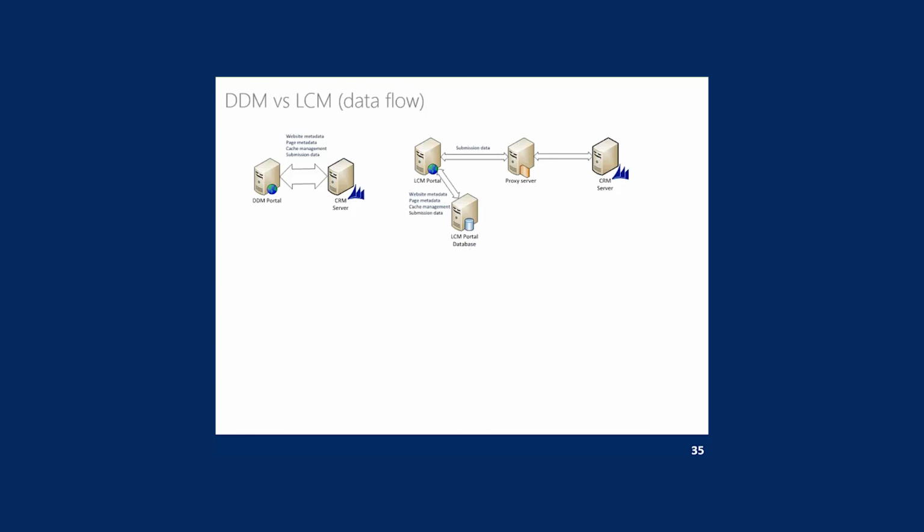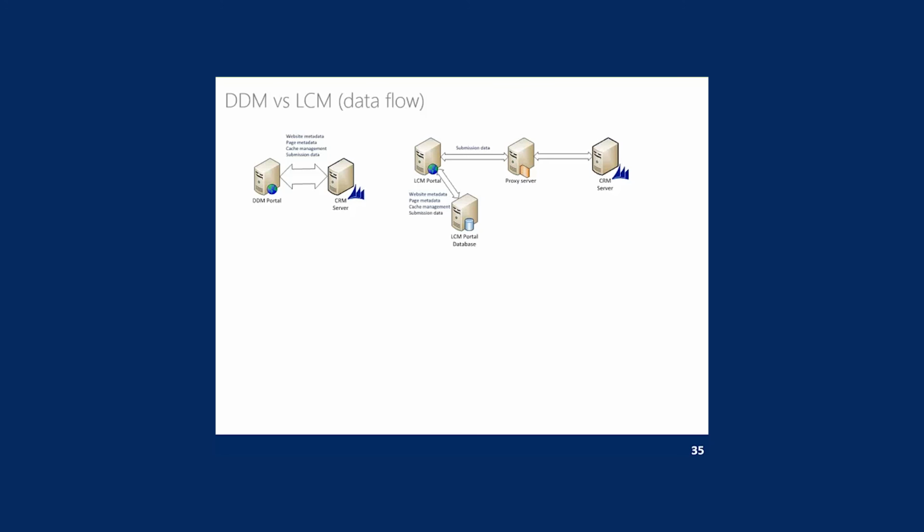In a loosely coupled model, there is a differentiation in how the data is handled. The first difference is that there is always a portal database, another database that handles the data for the portal. All the metadata and page metadata, caching, and also submission data before the submission will not go to the CRM until it's submitted; it will be on this portal database.